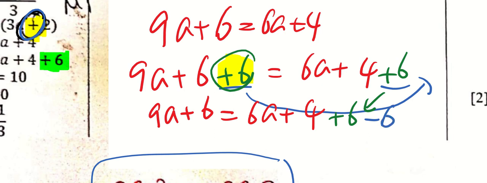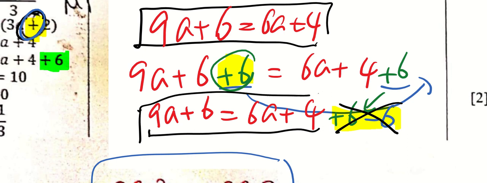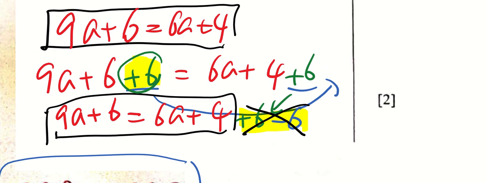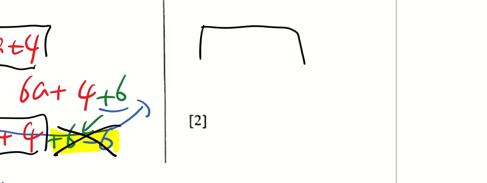Can you see that? Plus 6 minus 6 is nothing but 0. So as good as gone. So can you see that there's nothing changed over here? Nothing has changed.